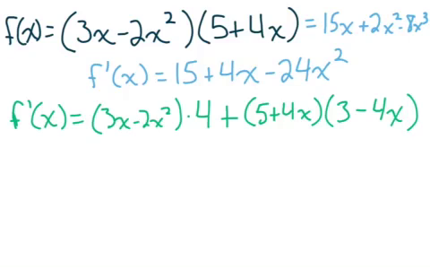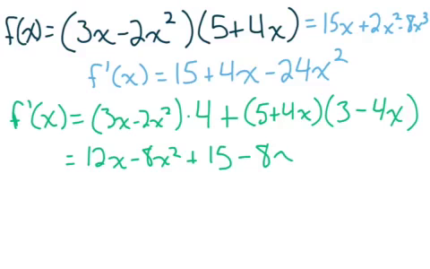Okay. And if we go ahead and simplify this down, we can see that if we distribute that 4, we get 12x minus 8x squared there. And then if we do the FOIL over here, we get 15 minus 20x plus 12x is minus 8x. And then positive 4x times negative 4x is negative 16x squared.